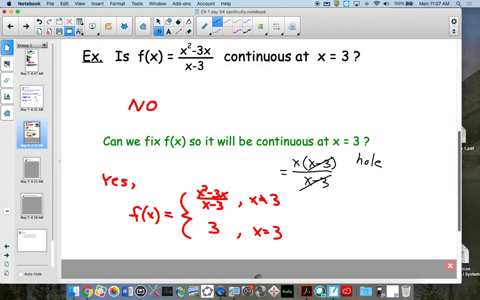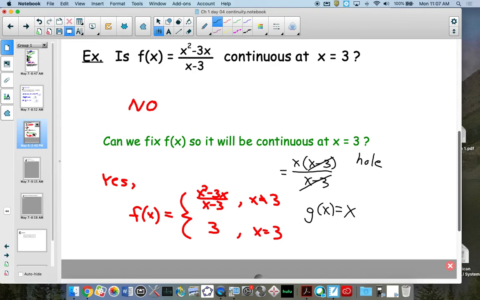So the function f of x equals x, after we simplified this, actually I shouldn't even write f of x. Let's call that g of x equals x. g of x is exactly the same function as f of x, except at one single point, at the value x equals 3. So f of x has a hole. It's actually the line y equals x with a hole at x equals 3, and g of x doesn't have the hole there.